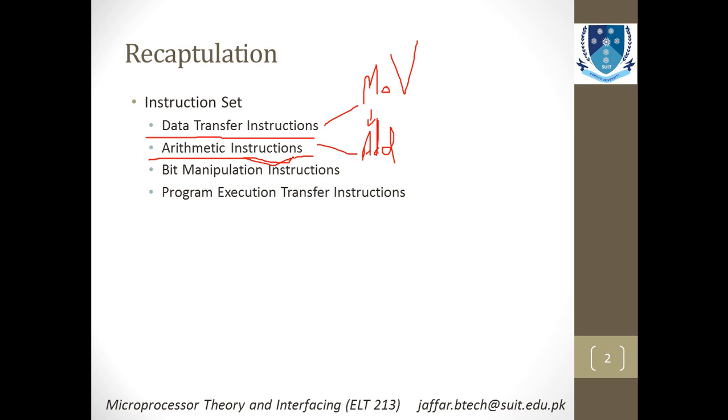In today's lecture we will start, inshallah, with the bit manipulation instructions. Let's see what bit manipulation is. If you have the data 1 0 and you want to change just the first bit, you don't have to input another 1 1. You can easily toggle this bit and make it 1 1.